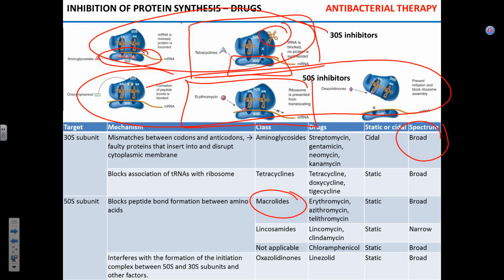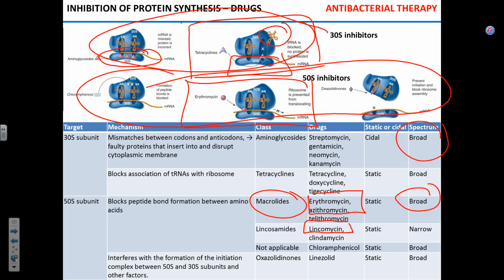They're also static, have broad spectrum, and two antibiotics that you may have seen, very popular, are erythromycin and azithromycin. That makes sense?